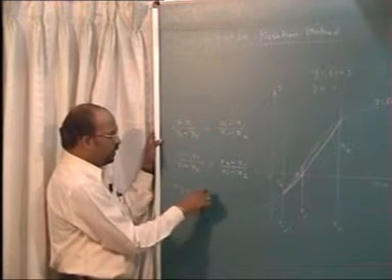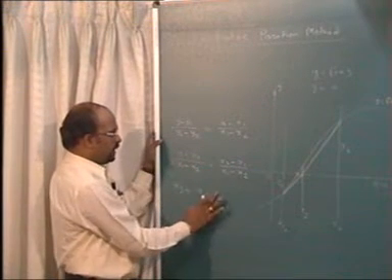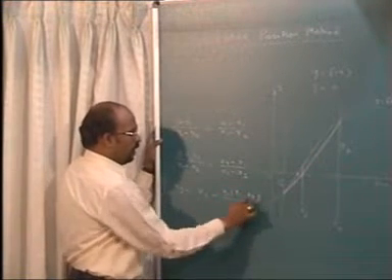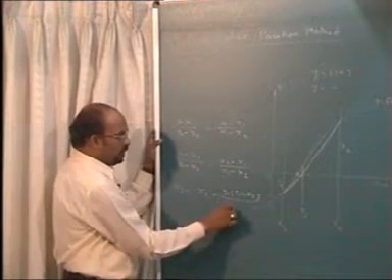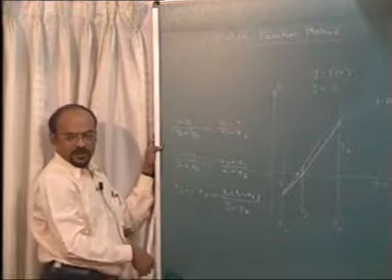So x3 will be equal to x1 plus, rather minus, y1 into x1 minus x2 upon y1 minus y2. Is that right? You will first multiply and then add x1.